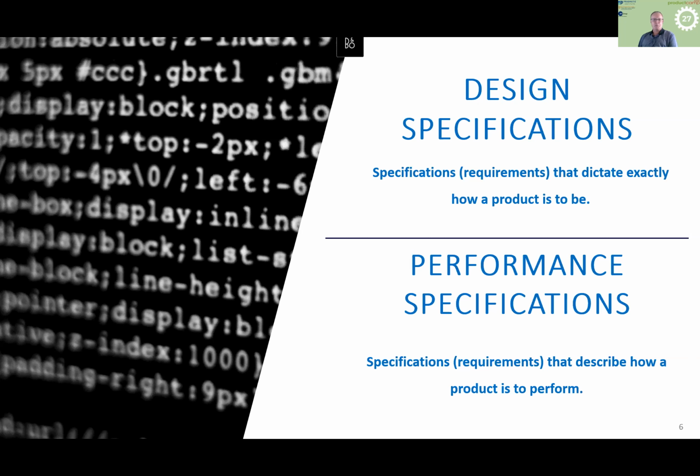Two types of specifications I'll talk about are design specs and performance specs. Design specs are usually written to dictate how a product is to be.